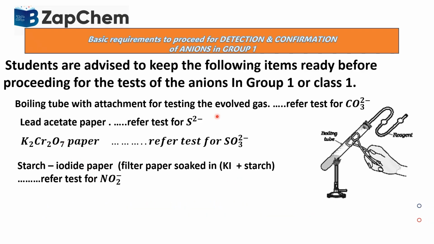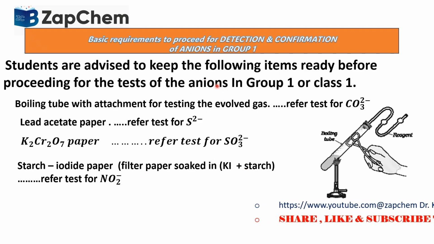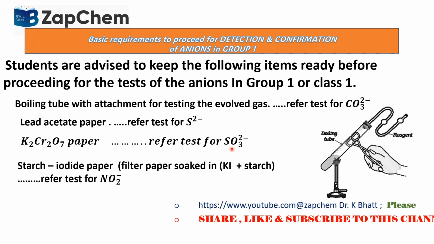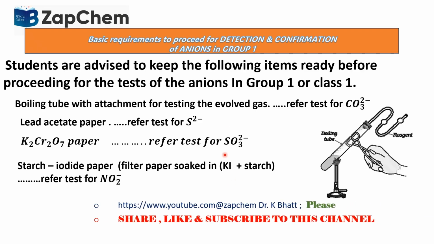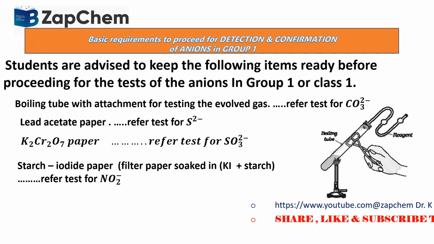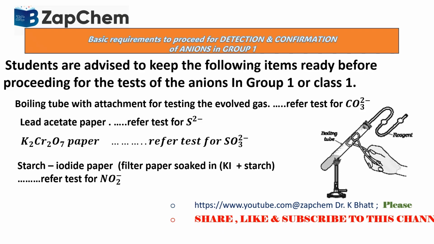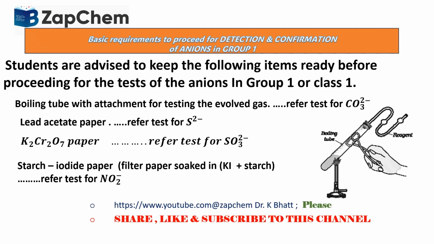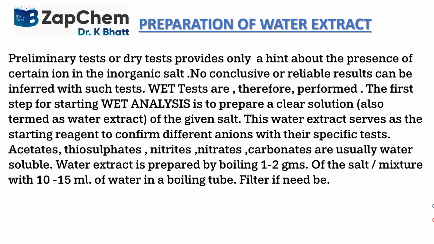So these are the initial requirements for testing anions, which we have to keep ready. Then next we proceed to different procedures for finding out anions. We have carried out the preliminary test, the dry test.